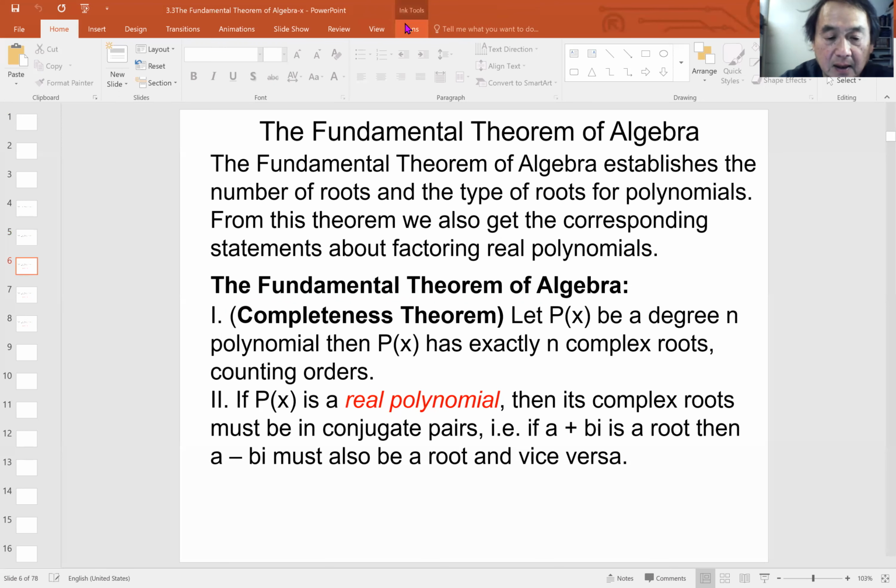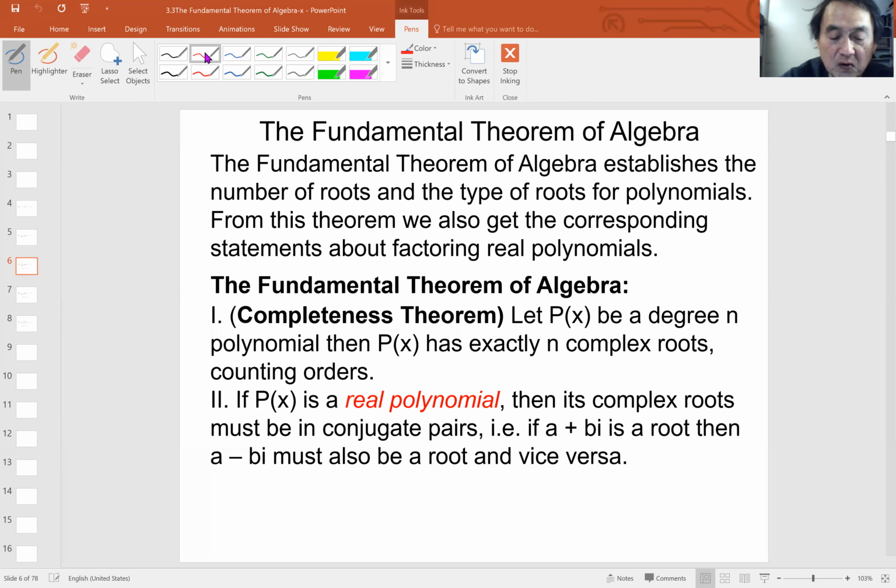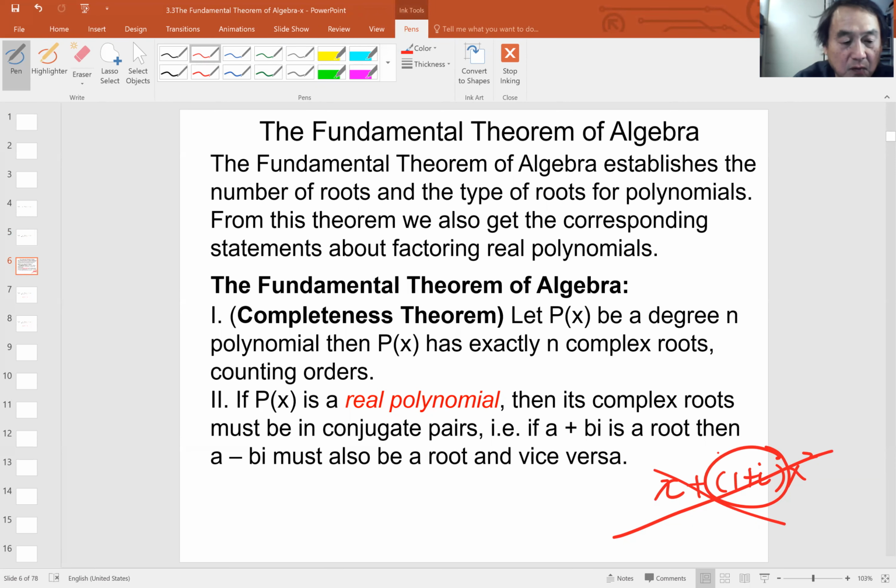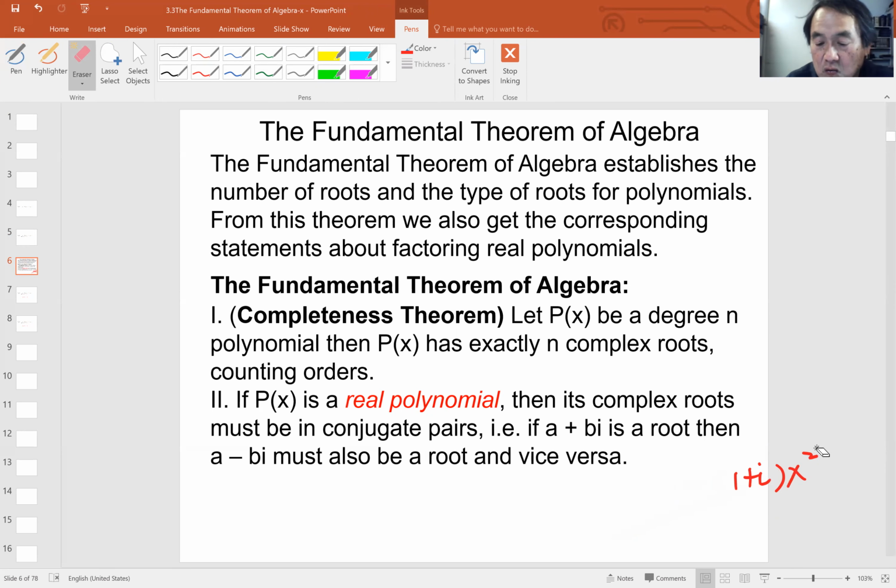And the second part concerns the real polynomial. Real polynomial means the coefficients are real numbers. We don't have things like x plus (1 plus i) times x squared. We don't allow complex coefficients. So real polynomials, or real number polynomials.